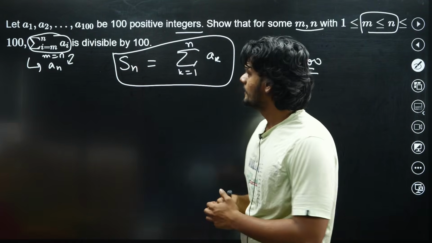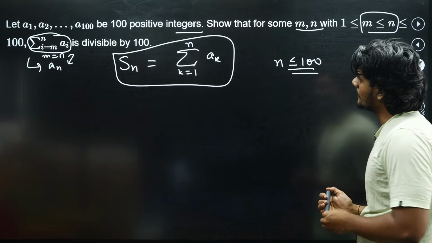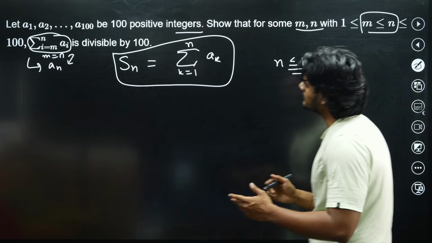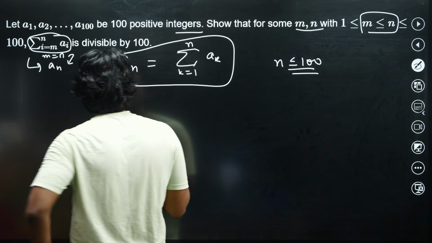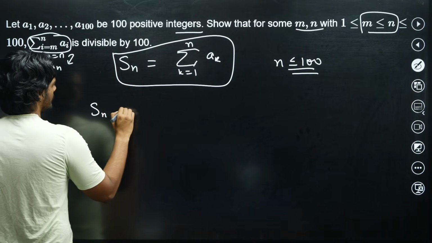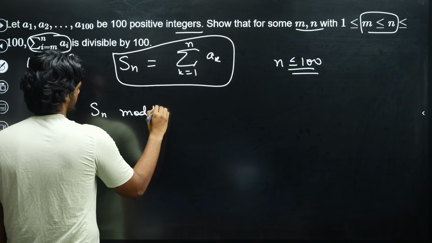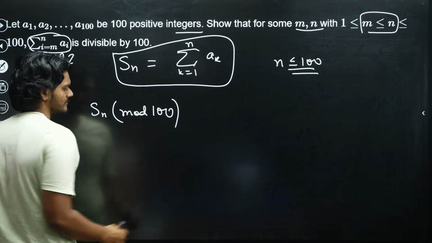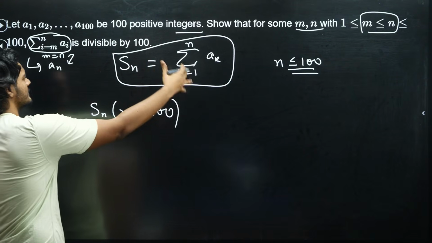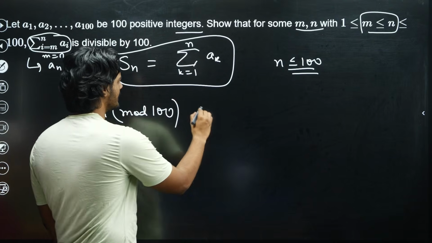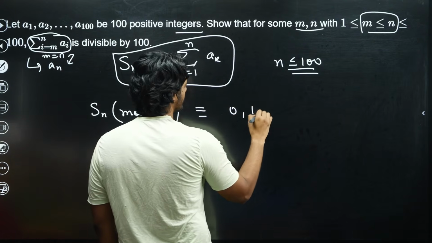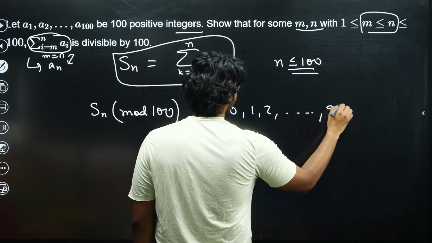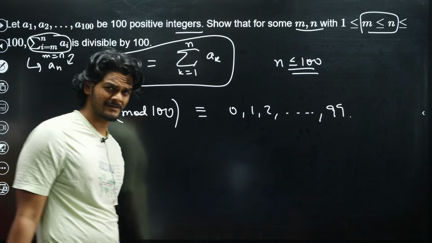Now if I am talking about Sn mod 100, because we are talking about integers only and Sn is also a sum of integers only, this can take values 0, 1, 2 till 99, right?